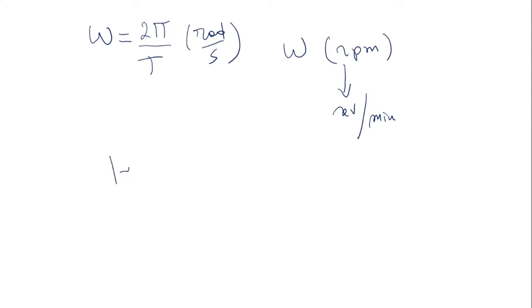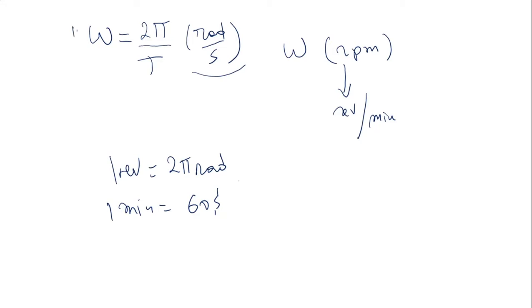Remember, one revolution is 2 pi radians, and 1 minute is 60 seconds. So if we want to bring the RPMs to radians per second, we need to convert revolutions to radians and minutes to seconds.